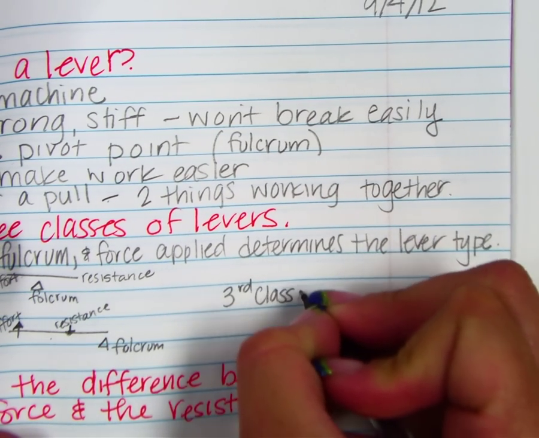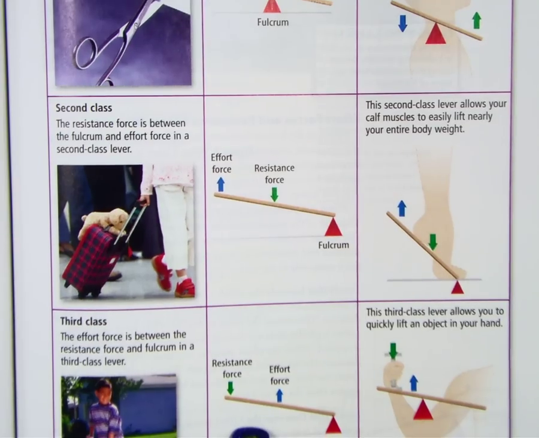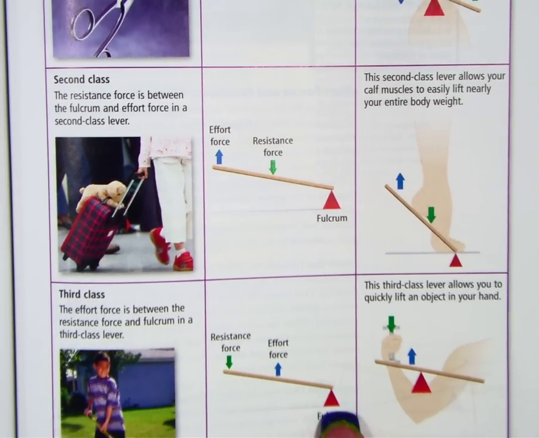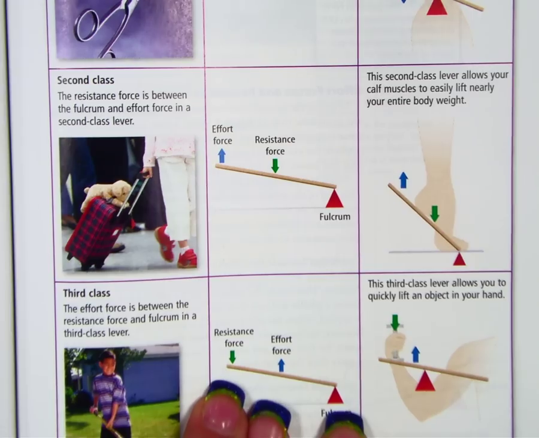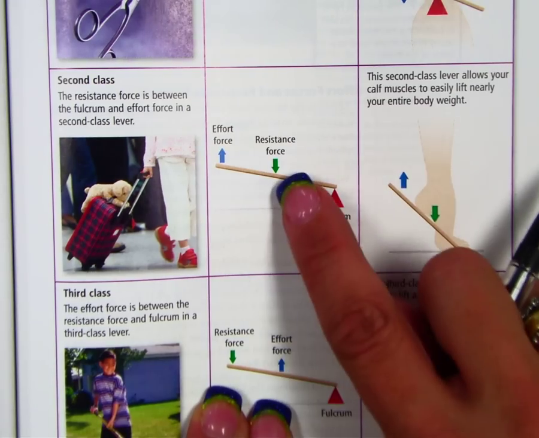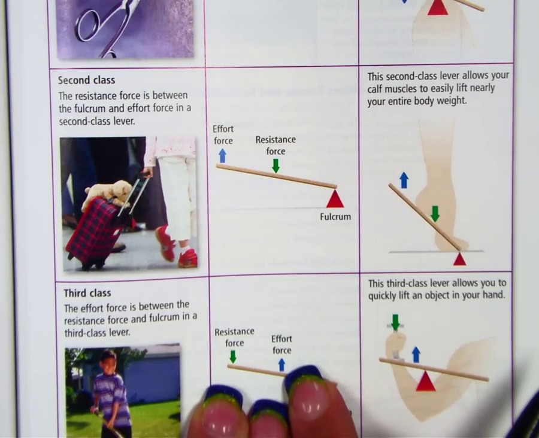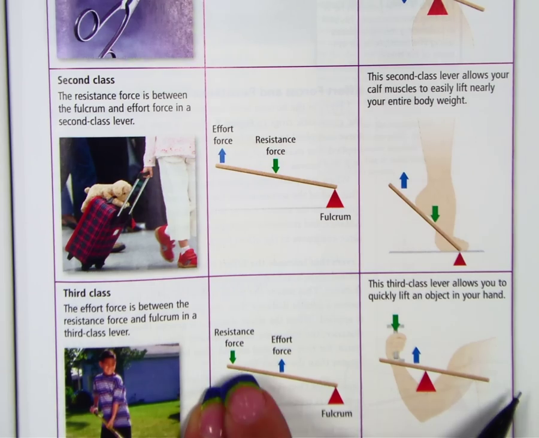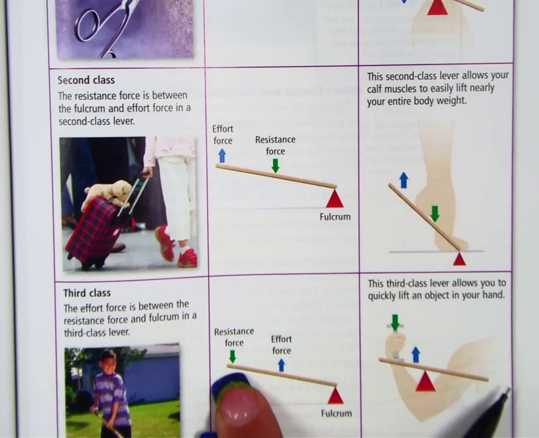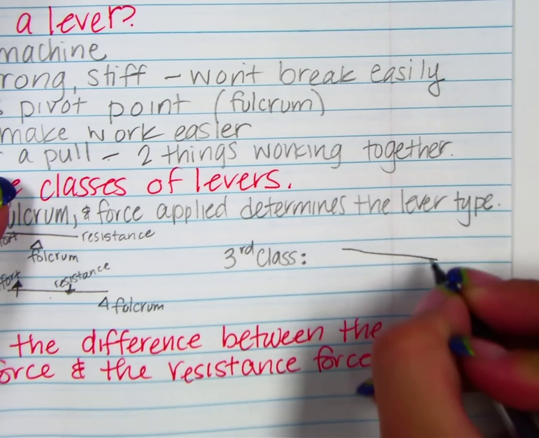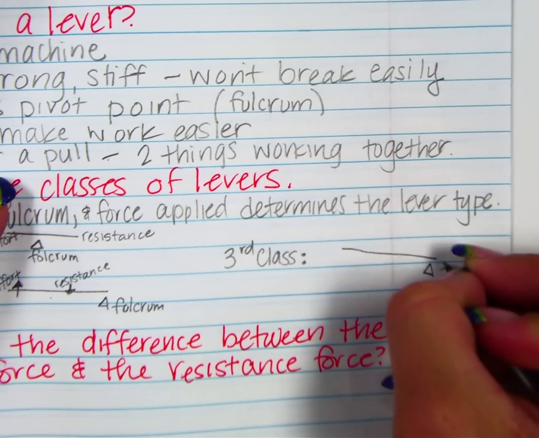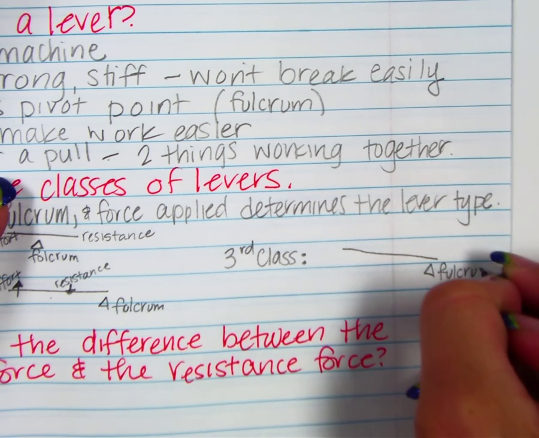And now we're going to talk about a third class lever. I'm going to write third class. And let's take a look at our picture. Our picture shows us that you have the fulcrum on one end, but what has changed is the position of the effort force and the resistance. So in this case, the effort force is in the middle, pushing up, and the resistance force is at the end, pushing down. Okay, so let's draw a little picture.